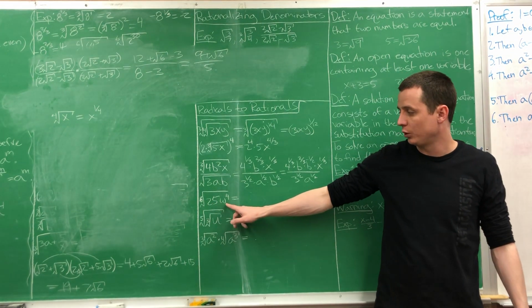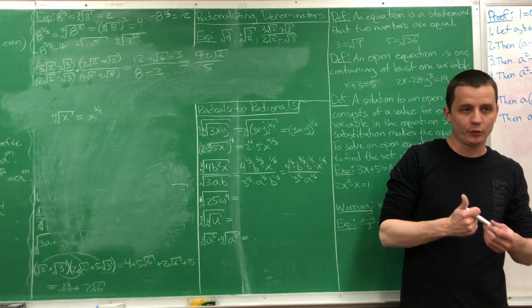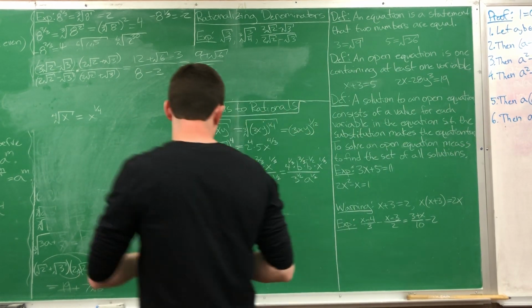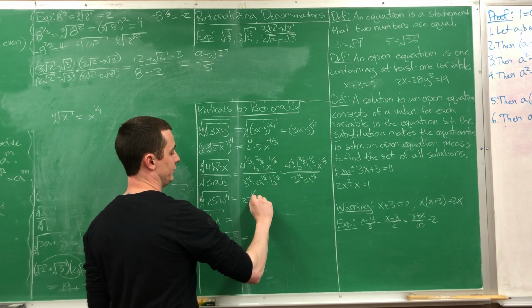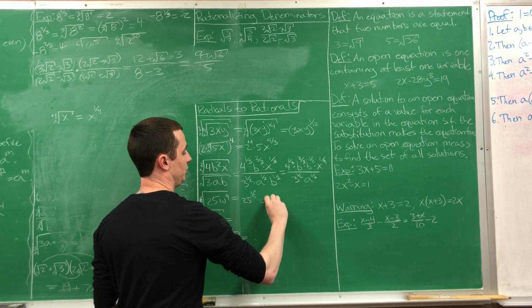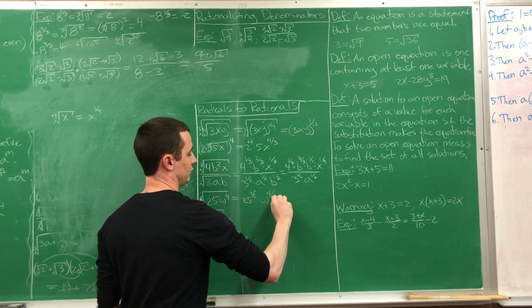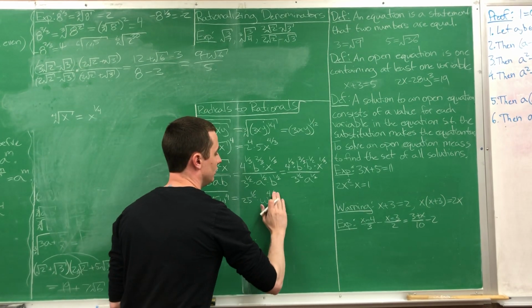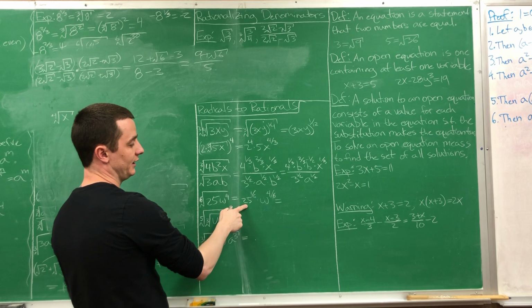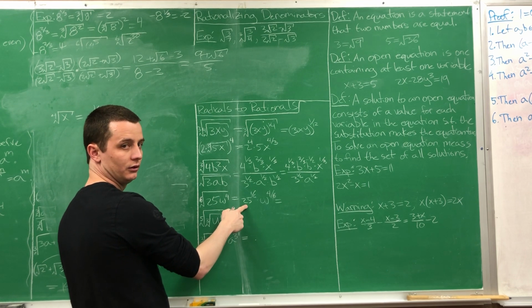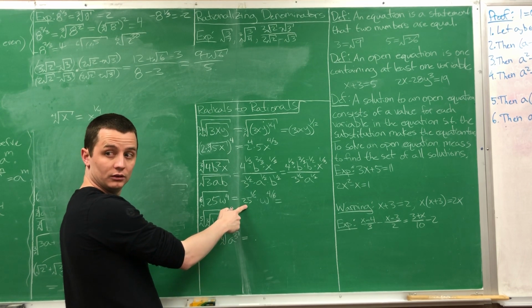The 6th root of 25w to the 4. So this is the same thing as 25 to the 1/6 times w to the 4 over 6, right? Which is equal to 25, we can rewrite that as what? 5 squared.